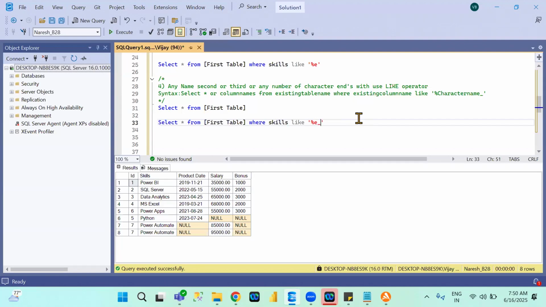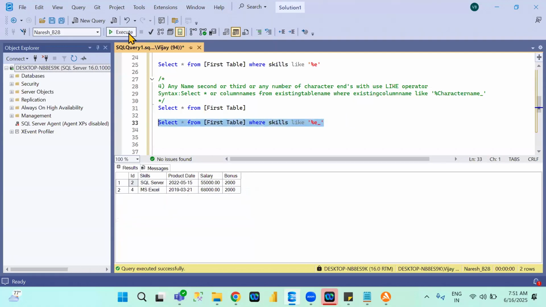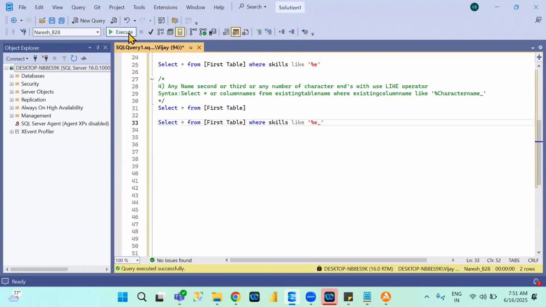What are all the values there? The second character from the end is E. SQL Server, and one more is there, MS Excel. These two values will be displayed. Understand or not? Next one.